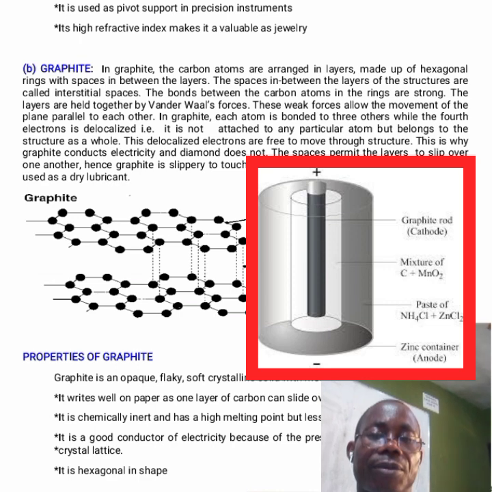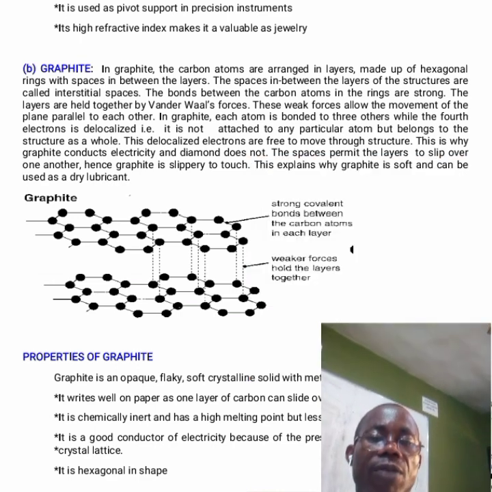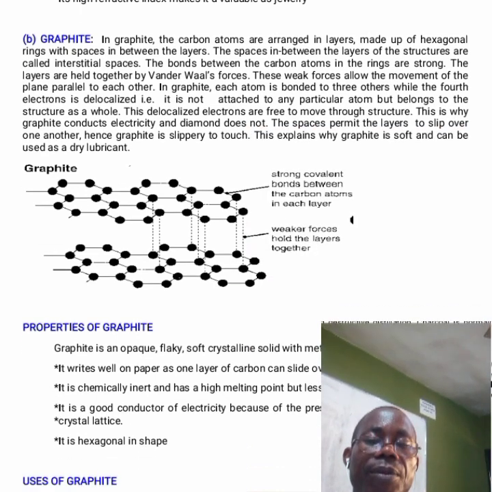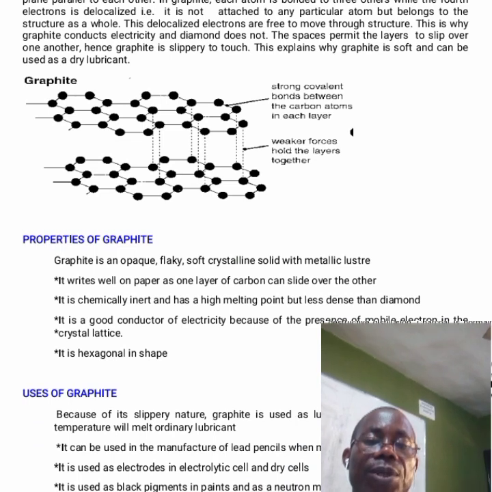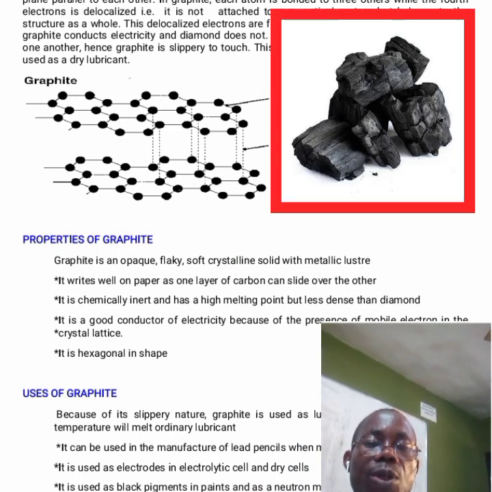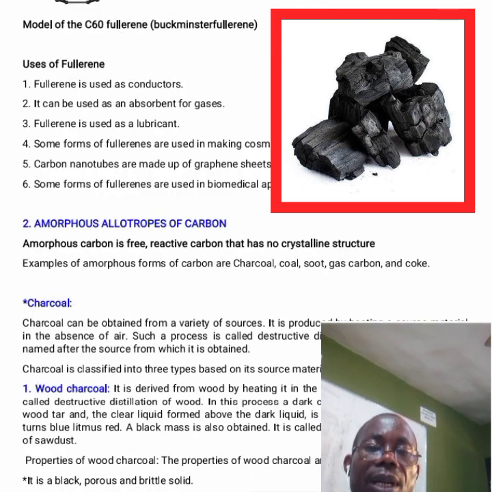Now, among the amorphous forms of carbon, we have charcoal. Charcoal can be made from wood, we call it wood charcoal. It can be made from animal materials like bone, we call it bone charcoal. Wood charcoal is used as an absorbent in gas masks, to absorb poisonous gases.